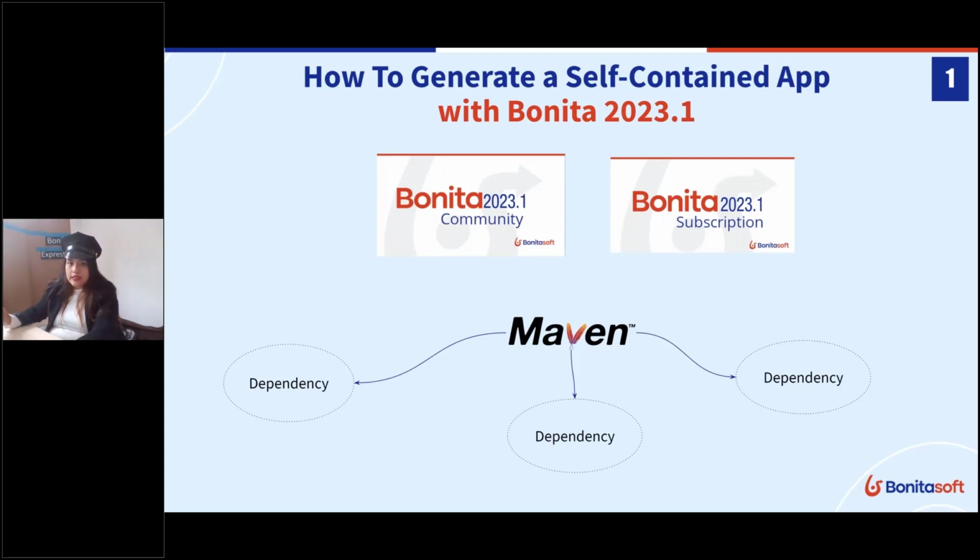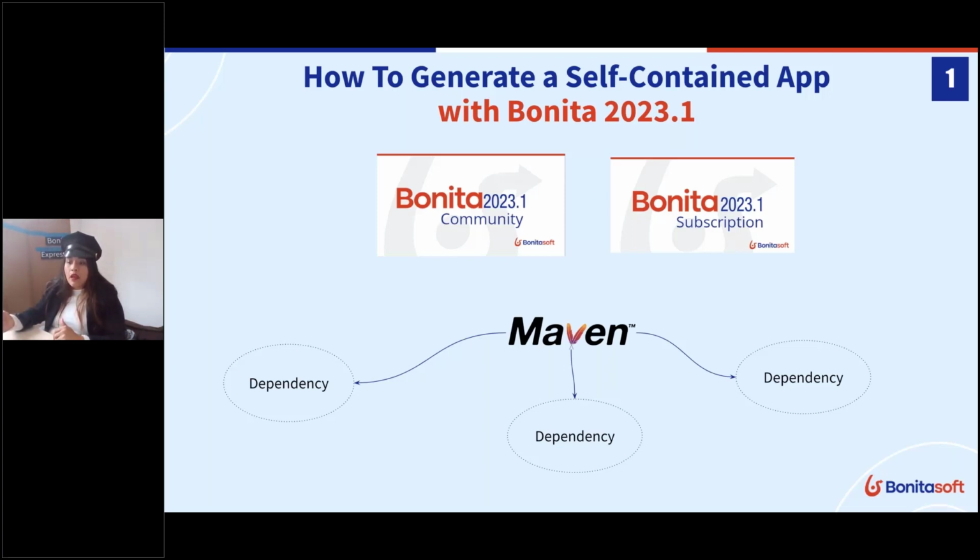Going into more detail, how can we generate a self-contained application with Bonita 2023.1? Well, it will be the same way that we've been doing before with Bonita Studio, in one of the two versions, Bonita Community or subscription.